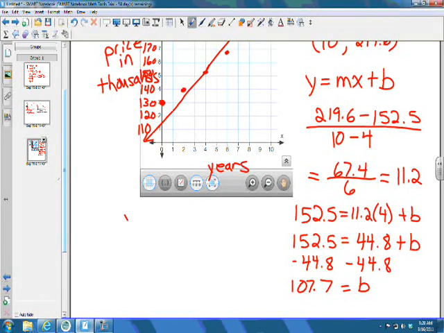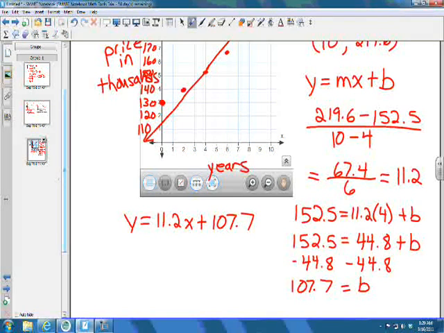So our equation then, our prediction equation, would be y equals 11.2x plus 107.7. That's step 2. Write your prediction equation based on 2 points that you pick. And then the very last thing on all the problems, they will have you plug in a future value.